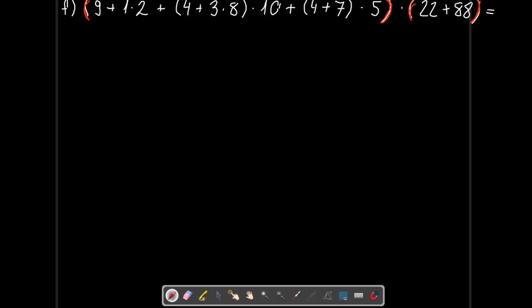So the second red bracket will be quite simple, just adding the numbers together. However, the left one has many things in it. We have addition, multiplication, and some brackets inside of it as well. So we need to solve these brackets first.